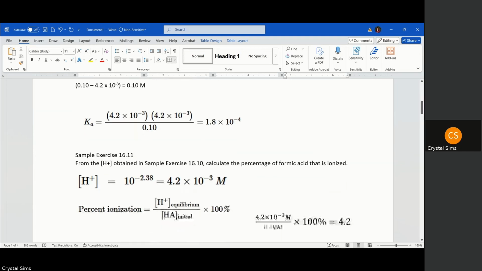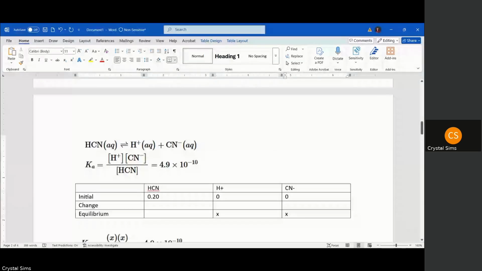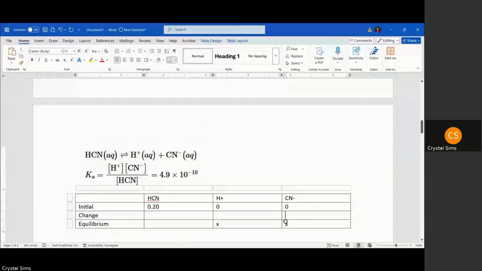I don't have a pH in this one, so I can't calculate anything. I just know that it's going to be some number. So I'm going to add that number to 0, and it's going to give me my equilibrium concentration.